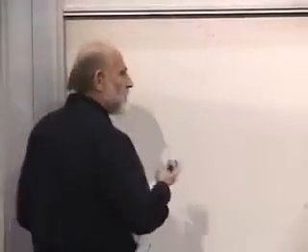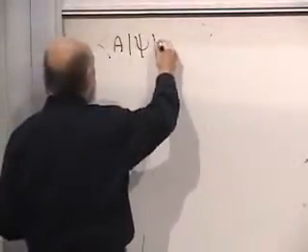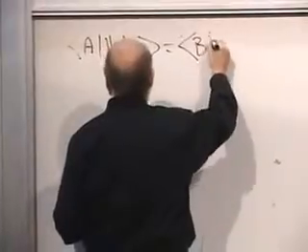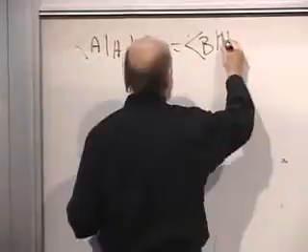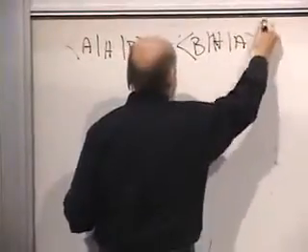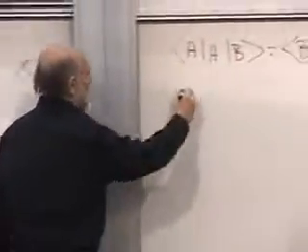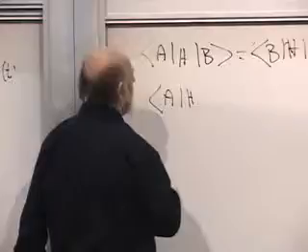Hermitian means that A psi B is equal to the complex conjugate of, oh, what am I saying, psi, H, excuse me, H, A, complex conjugated. That's the meaning of Hermitian. You want to write that star there.